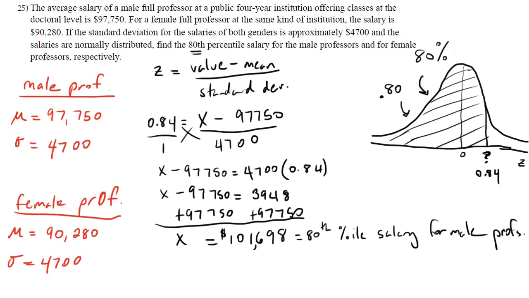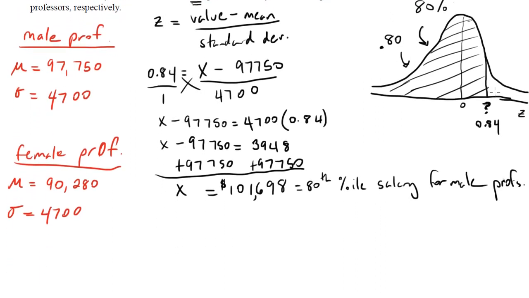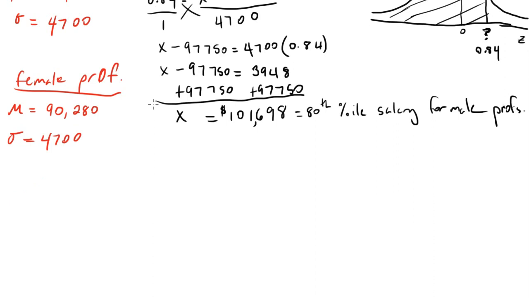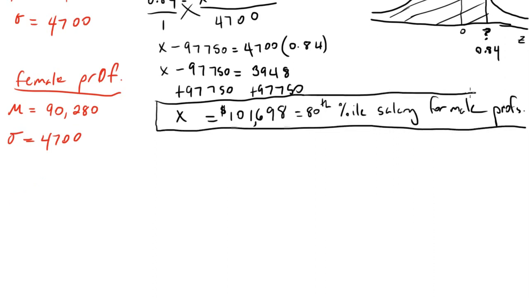Now exactly what I did here, I need to do this process again using the same z-value because we're still talking about the 80th percentile, but using that mean and standard deviation for female professors. So this is just half of my answer here. If this was a short answer question on the exam, you get 4 points for that because each question is worth 8 points, right? So let's do this for female professors. Let's change the color.